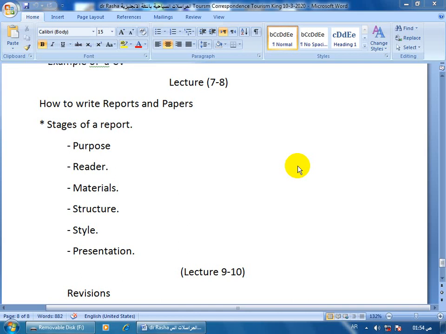A possible structure for this section might be the following: aim of the study, research problem, methods of data collection, evaluation, validity and reliability. So this part should include the aim of the study, the research problem, method of data collection. It means how you collect the data and the information, evaluation, validity and reliability.